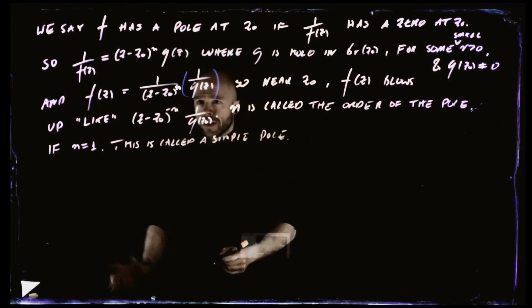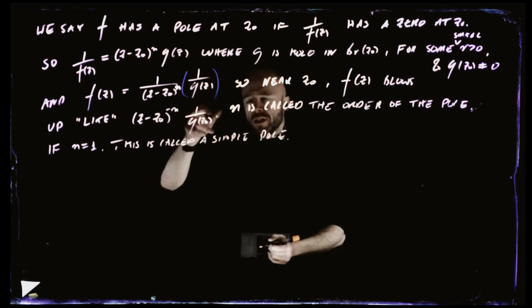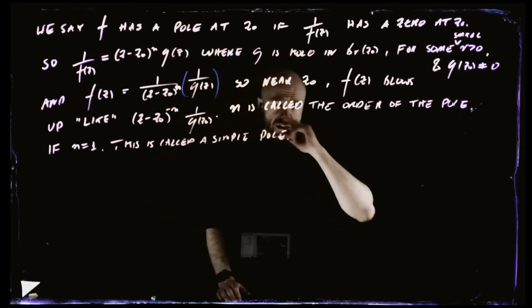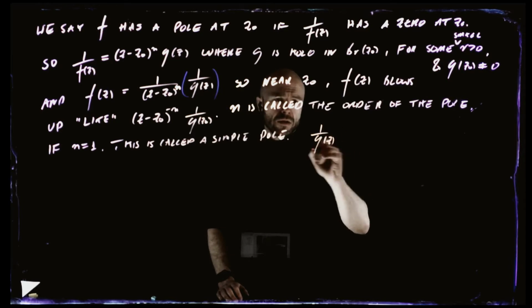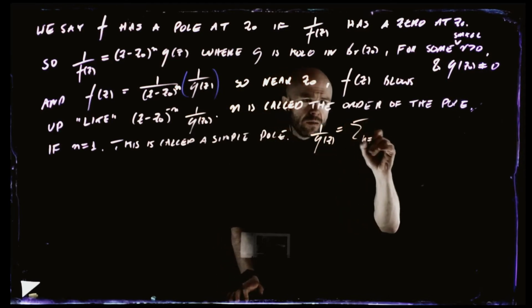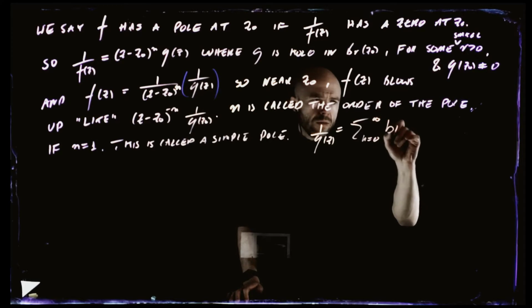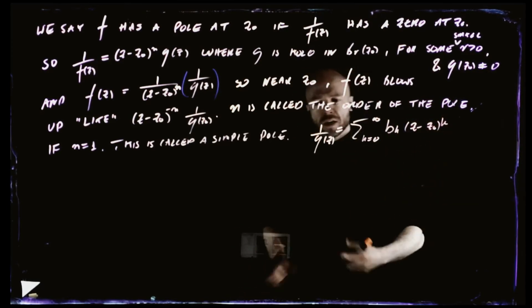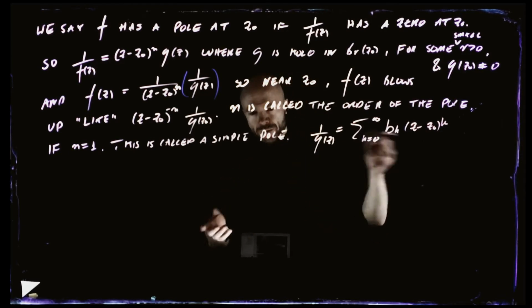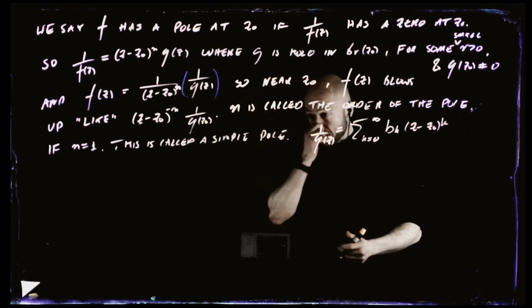And we also learned that if we expand out this function 1 over g of z as a Taylor expansion, so 1 over g of z is, say, the sum k equals 0 to infinity of b_k (z minus z0) to the k, because it's holomorphic, it's nice, so in some small region we do have this expansion. This is what we learned.